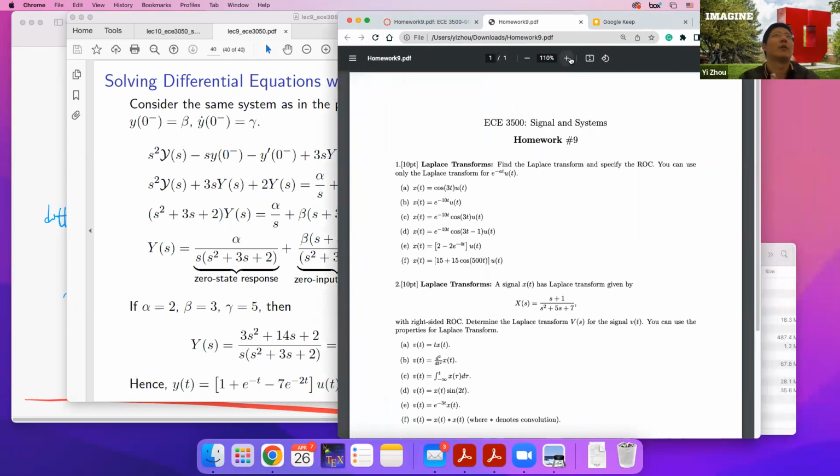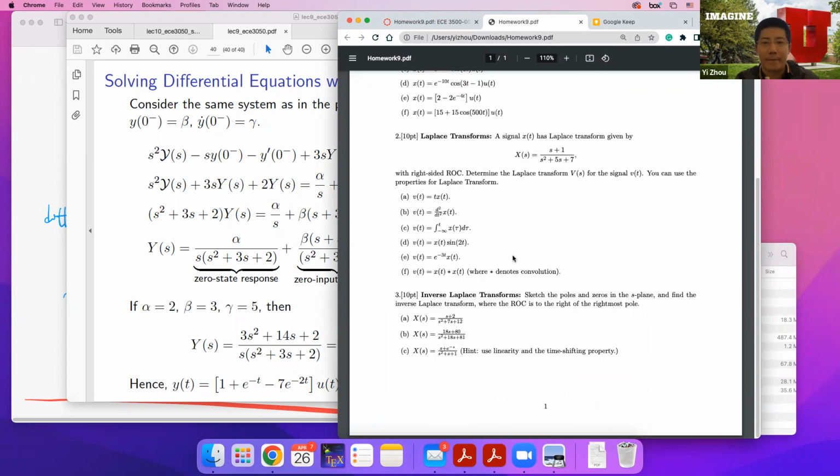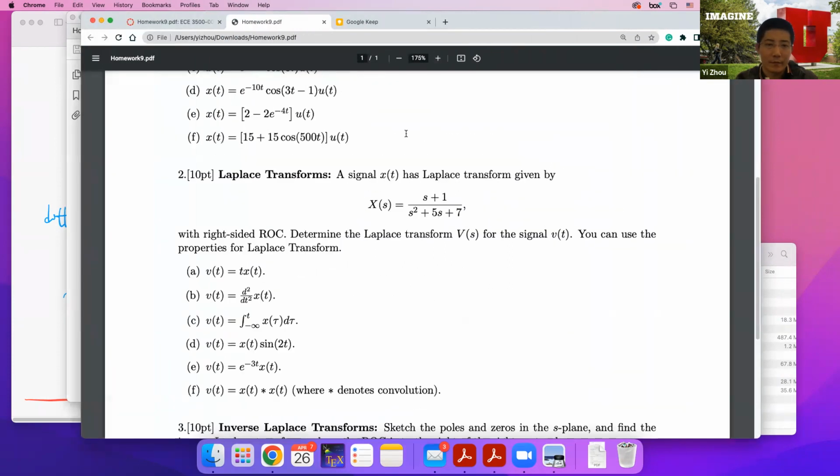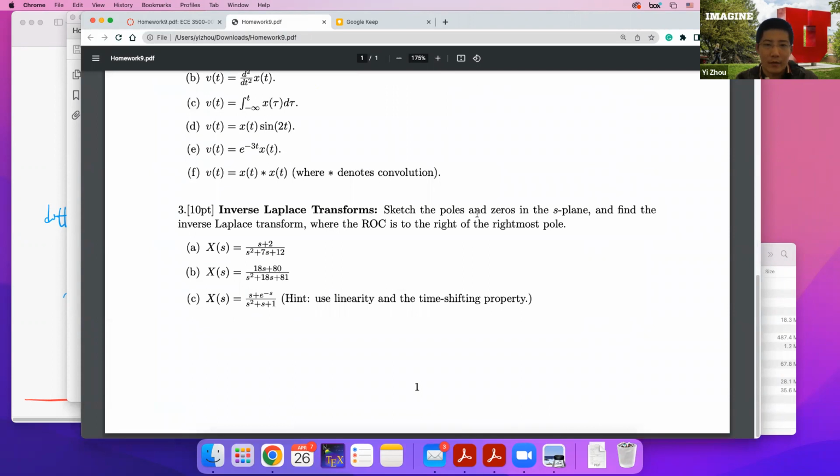So which one? Okay, finding the poles of the last problem. For the poles, it's basically the solution of this equation, right?